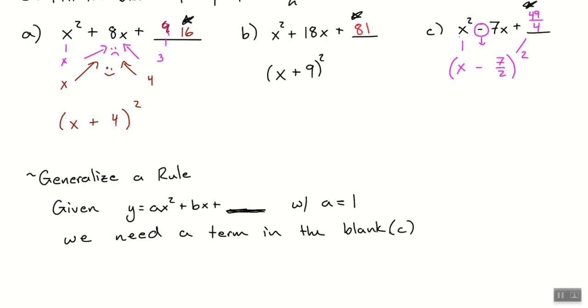Specifically, this term that we need here can always be found by taking, which term here did we divide by 2? Just the b. And you're right, it's the bx, I agree with you. But the only thing that I care about is the number b. And then we did what to it? Divided by 2, and then one more little piece. We square it. Every single time this is going to work.